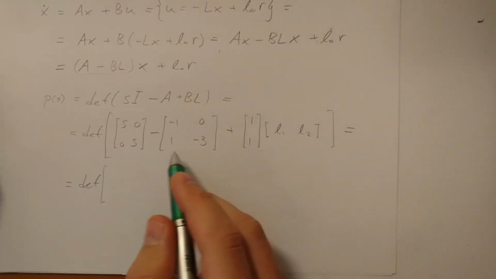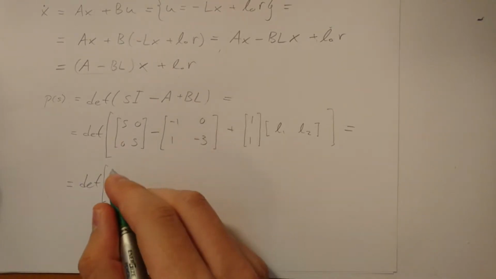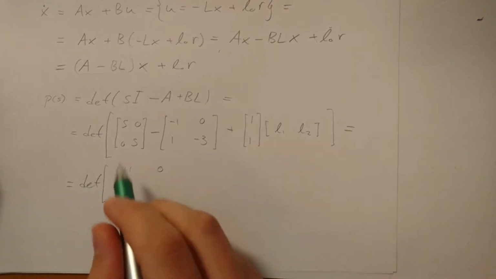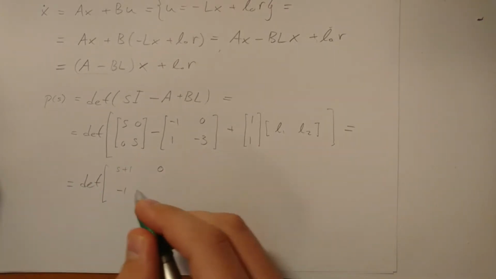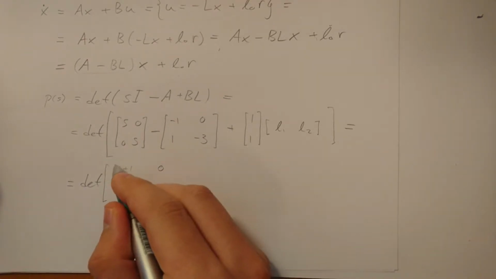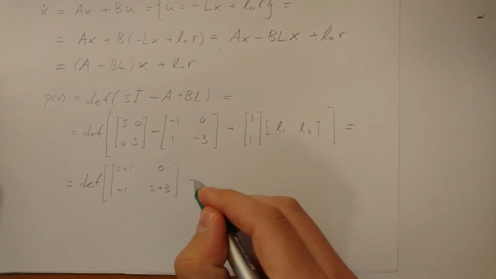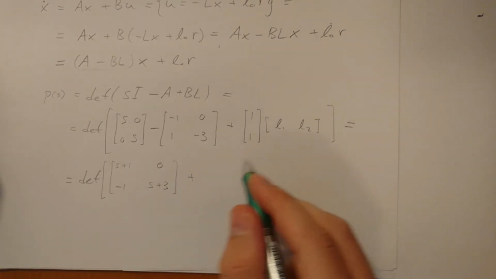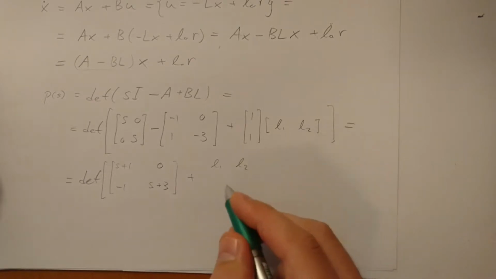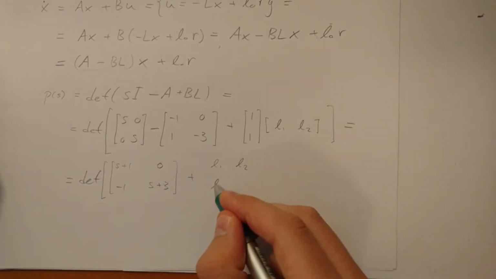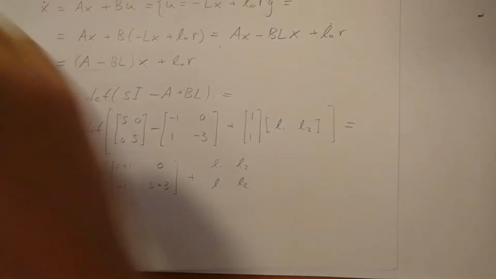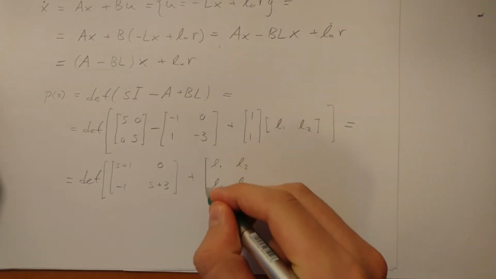So let's do this one here. We have s minus minus 1, which is s plus 1. And then we have 0 minus 0, which is 0. 0 minus 1, which is minus 1. And then s minus minus 3, which is s plus 3. Plus this thing. So 1 times this vector is just the same thing. So we have L1 and L2, and here as well, L1, L2.